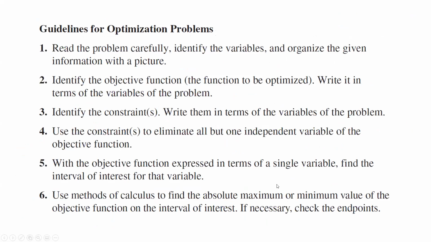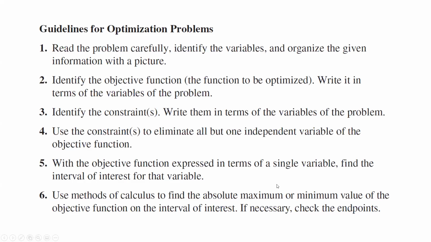Start by reading the problem carefully, identifying the variables, and organizing the given information with a picture. Okay, so that's how I started both of the previous examples. We start with a picture, label it with some variables, so that we can see what the variables that we're working with are.